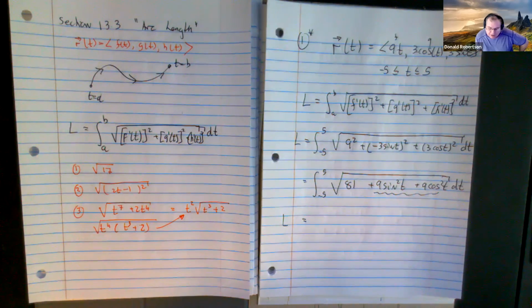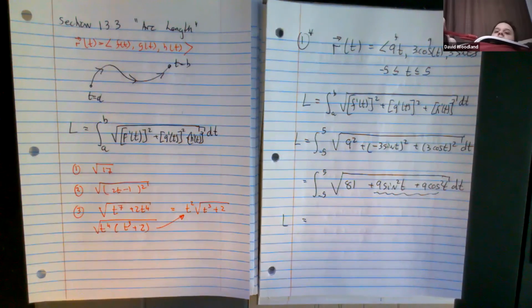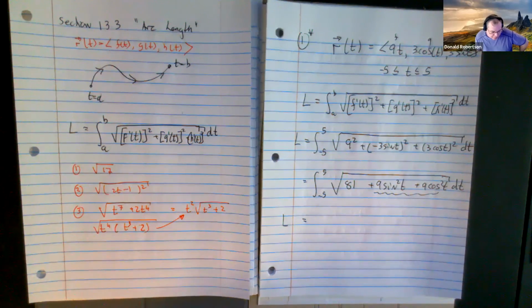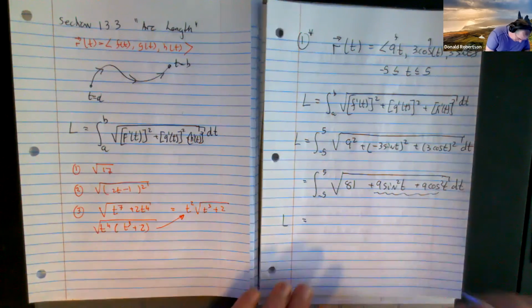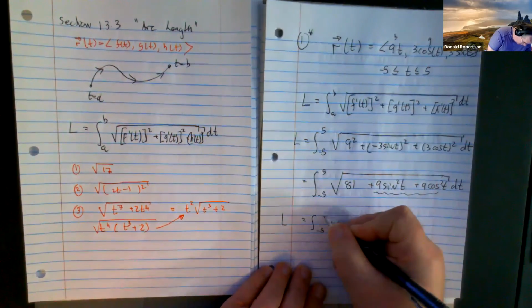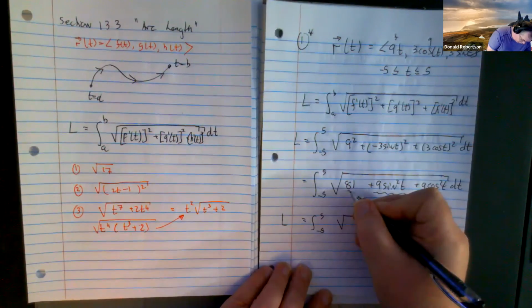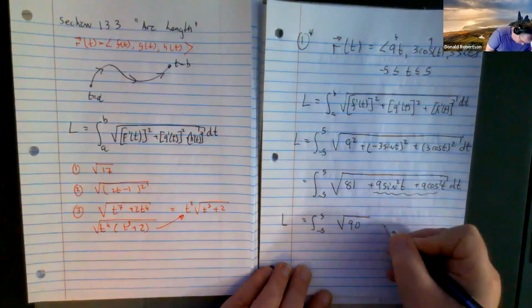What's 9 sine squared plus 9 cosine squared the same as? Yeah, a sine squared plus a cos squared gets you 1, so 9 of them gets you 9. So you are now looking at the square root of 81 plus 9, which is 90.